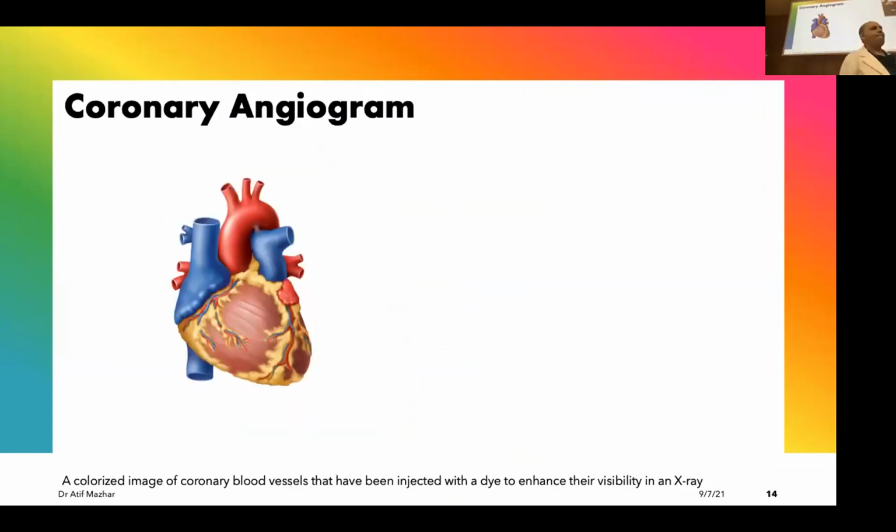Now, coronary disease is a very common problem. Someone has a heart attack. What happened? What went wrong? People are living a not healthy lifestyle, not taking care of themselves. As a result, the arteries get clogged. They become narrowed.